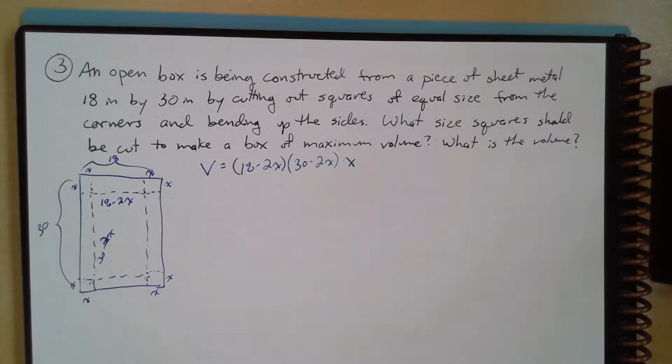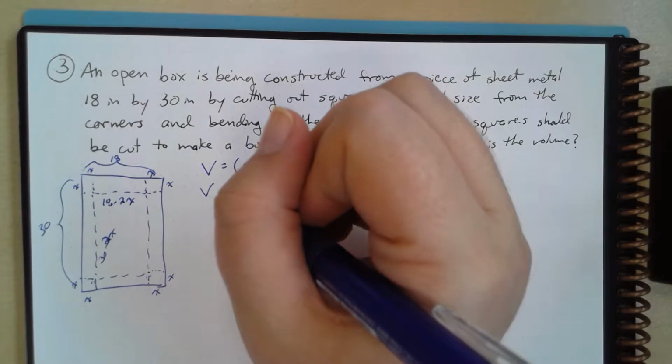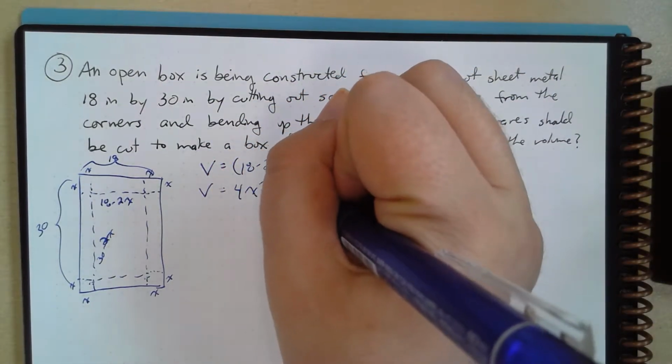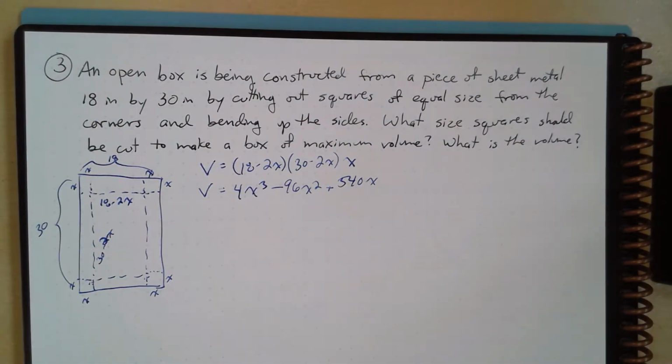So now I'm going to multiply this through. Our volume is going to be equal to 4x cubed minus 96x squared plus 540x. Might want to check my math.